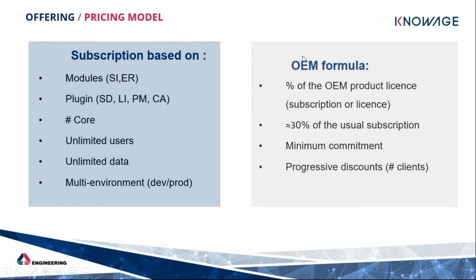In the OEM formula, the price is based on the product license of the main product. It's cheaper, obviously, than the subscription, and with progressive discount depending on the number of clients you have.